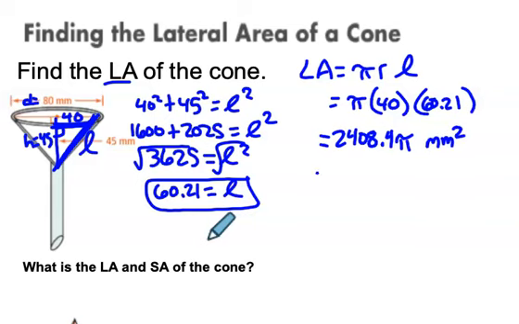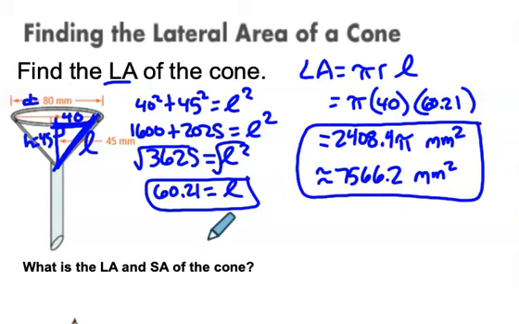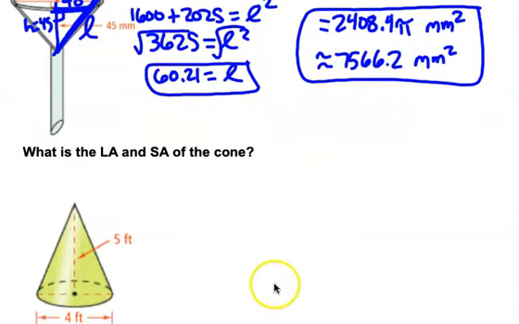Okay, or we can just do times pi as well, and that would be 7566.2 square millimeters. It didn't say how to round. We didn't do the capital B for this one because it didn't ask for that. It just said LA. The next one asks for both LA and SA, so that's what we'll do.